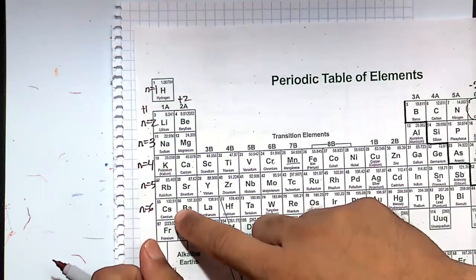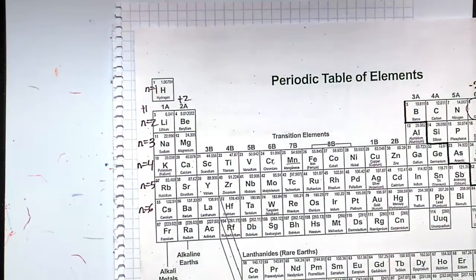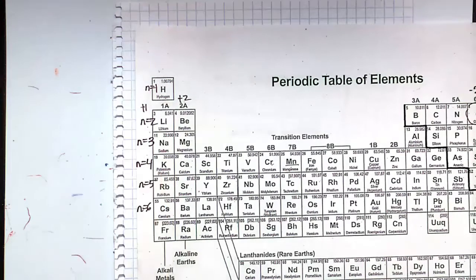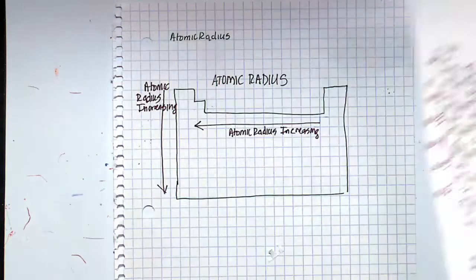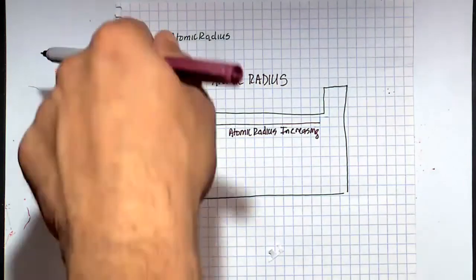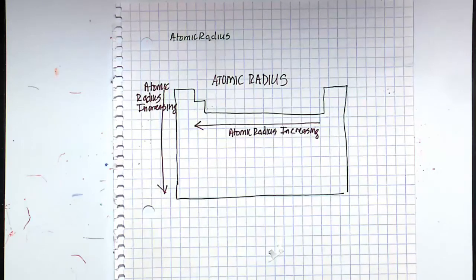Look at cesium. Obviously the atomic radius becomes larger and larger. So it's very simple here. The atomic radius is larger as you go down the group simply because we have a larger principal quantum number, more energy levels.